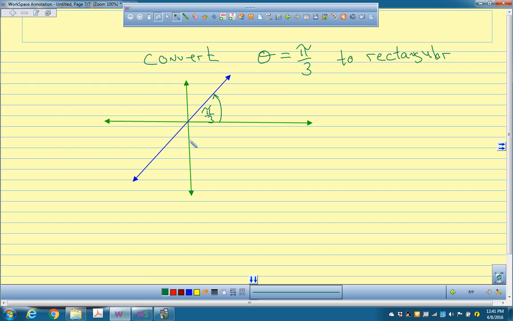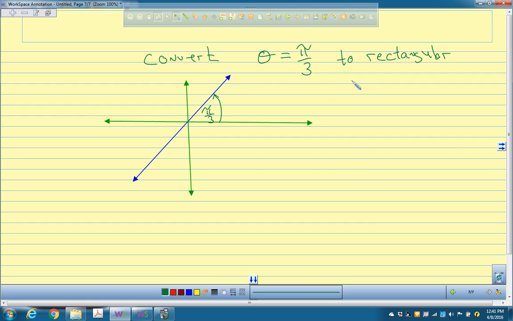Right, so it's not negative pi over 3, that would be going this way. But pi over 3 goes this way, but r can either be a positive number or a negative number. So if I said r was a negative number, and then I rotate it through pi over 3, that would put me on that line as well, right? I gotcha.